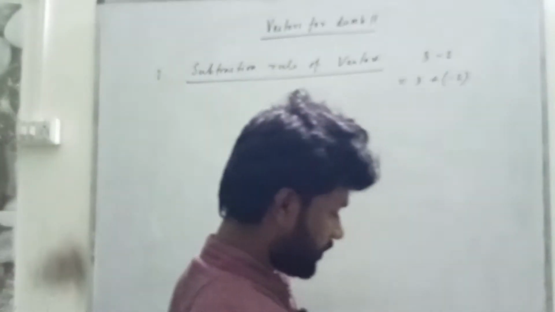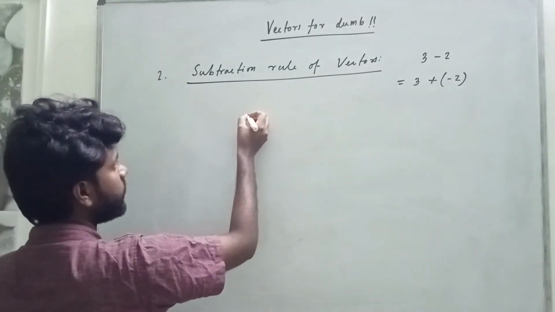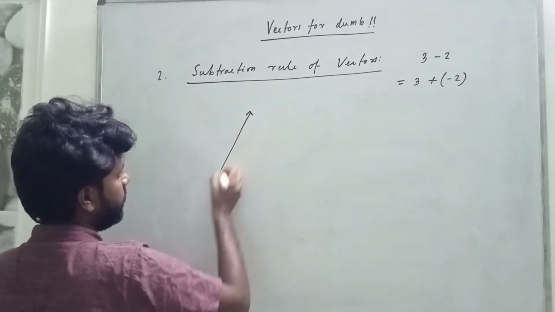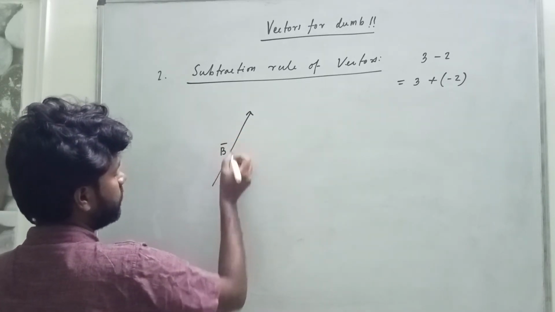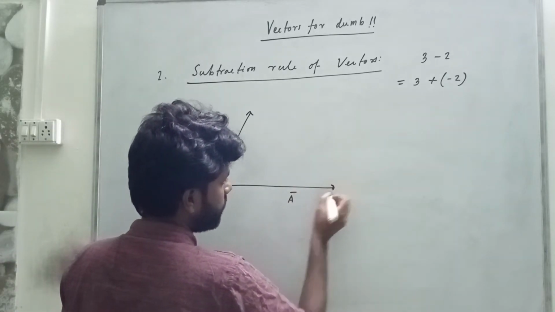So let me draw two vectors, A and B, right? It is B somehow and it is A somehow, okay?